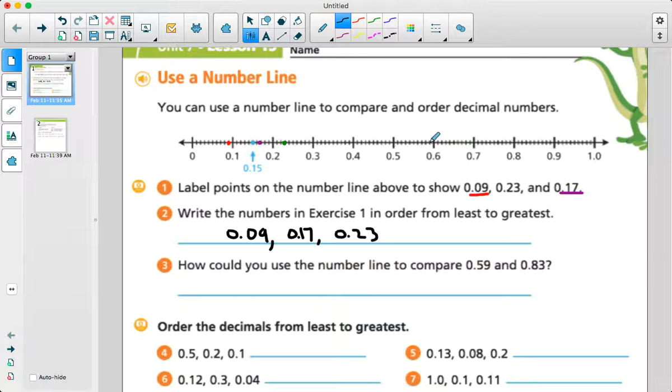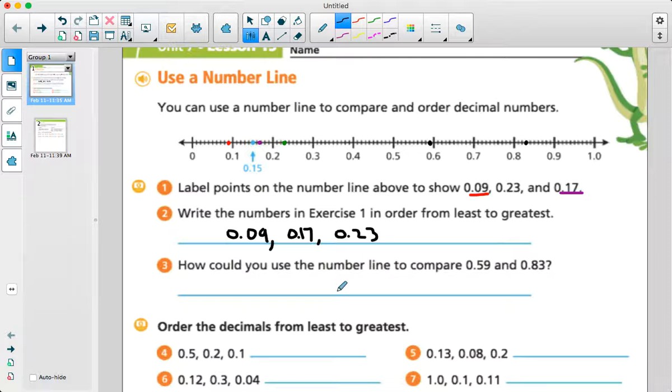So that's going to be right about here. And then 83 hundredths, I know that it has at least 8 tens. And then I have to go over 3 spots. 1, 2, 3, 83 hundredths. So if I had to compare these numbers, I would see that 83 hundredths is greater than 59 hundredths.